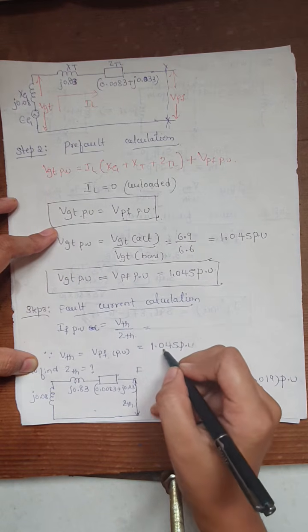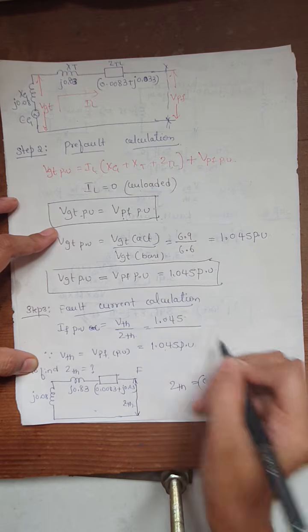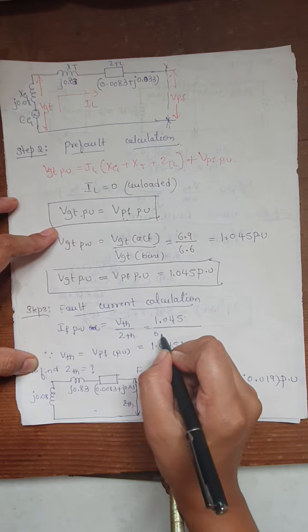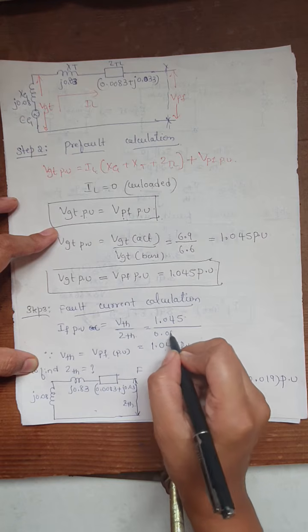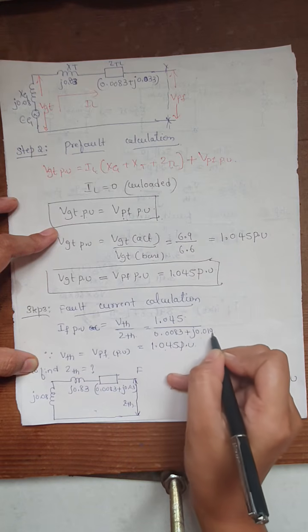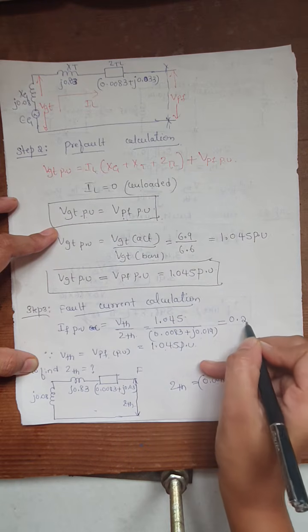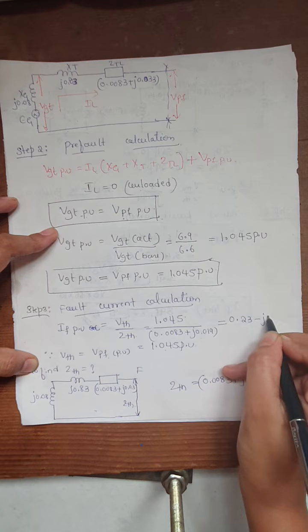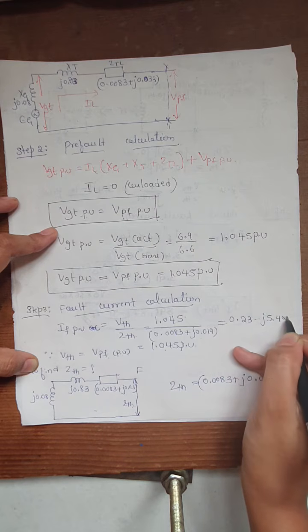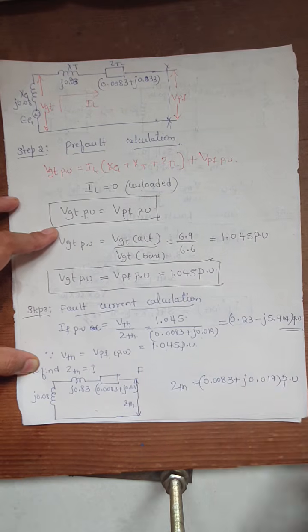VTH is 1.045 divided by 0.0083 plus J 0.019, and I get the final answer as 0.23 minus J 5.404 per unit. So almost we're done with the problem.